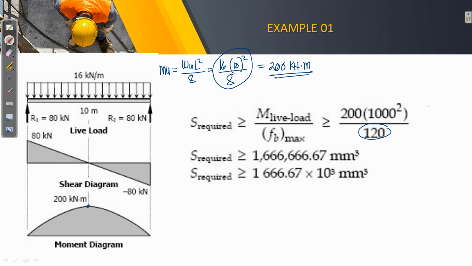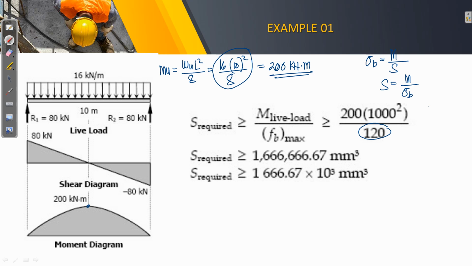So this formula came from this. The flexural stress is equal to M over S. So further, S is just equal to moment over your bending stress. Okay.